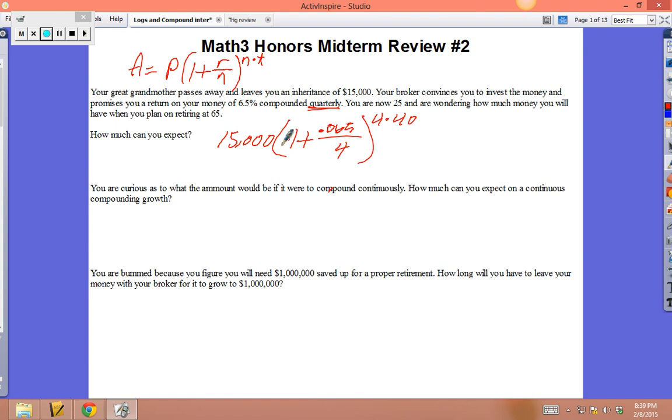So if you type this into the calculator and just press enter, that's going to give you A, which is the amount of money you can expect at 40 years. Let me type that in so you can double check, see if we get the same answer.